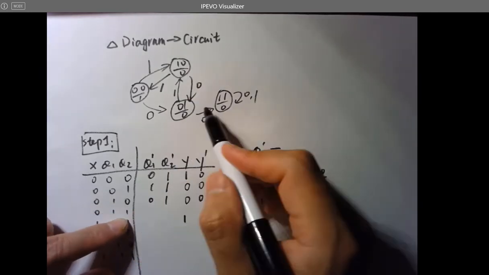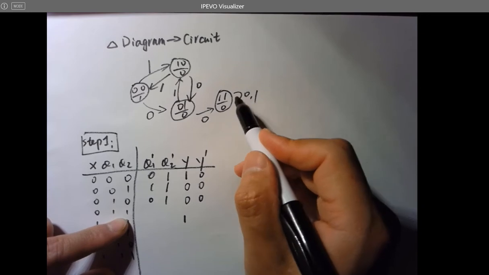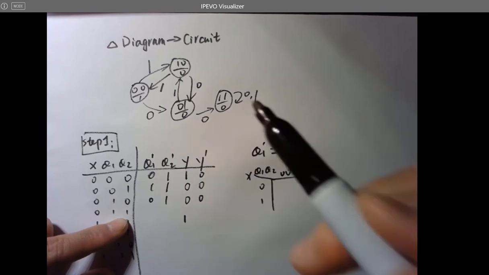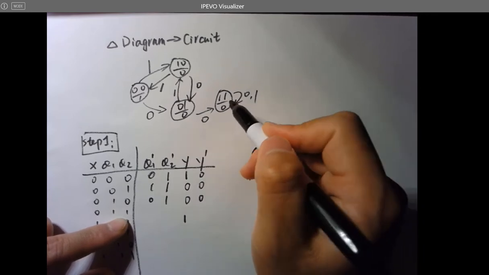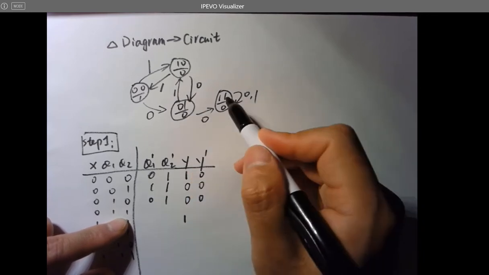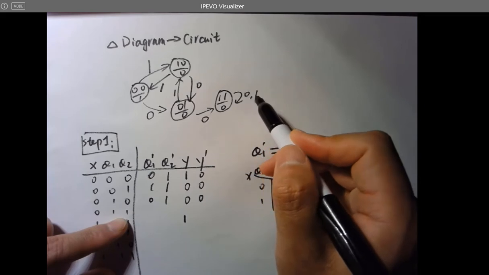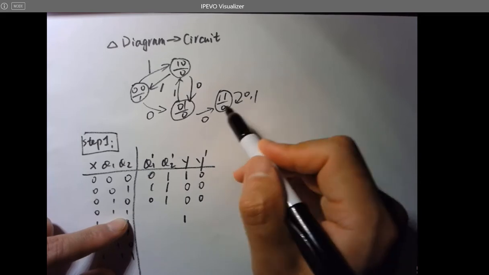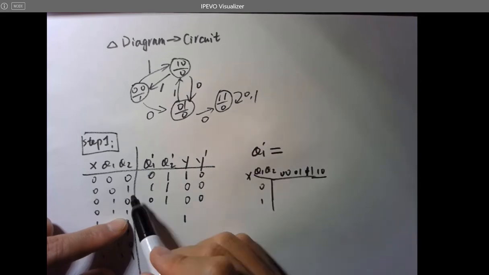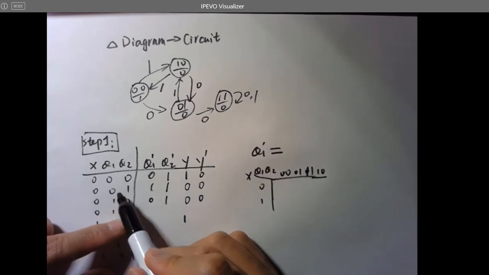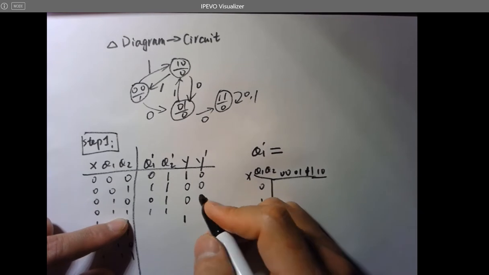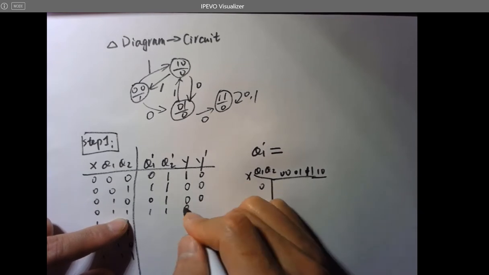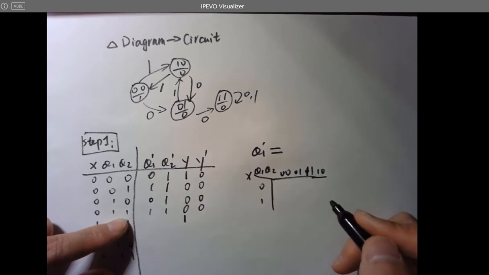And 1, 1, when X is 0 or 1, doesn't matter. It's going to stay at this state. It's going to be stuck here. You see, whenever it jumps to this state, whatever the input is, it's going to stay here. It's like a dead loop. So when Q1, Q2 is 1, 1, the output has to be 1, and Y has to be 0. Okay?